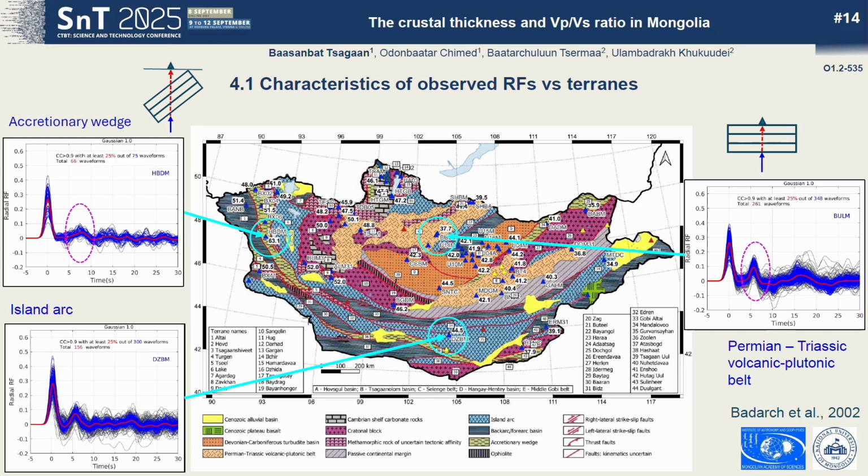We think that the complexity of the accretionary wedge terrain beneath HBDM likely causes scattering and distortion of the Moho converted Ps phases, due to intense deformation and faulting in this Mongol range.